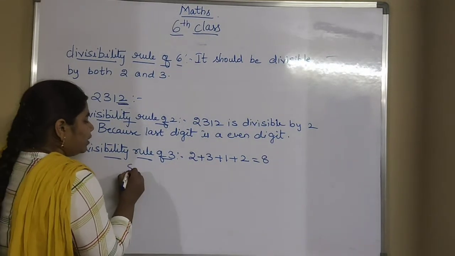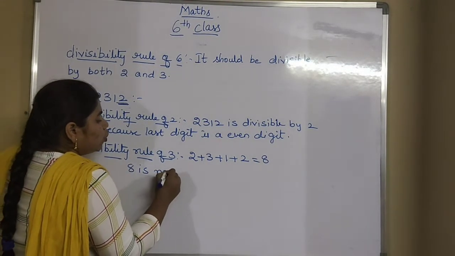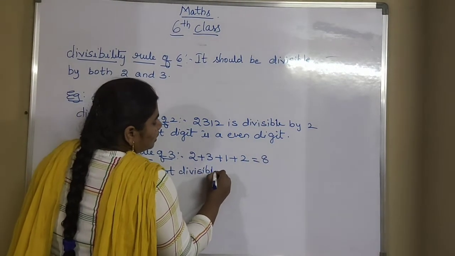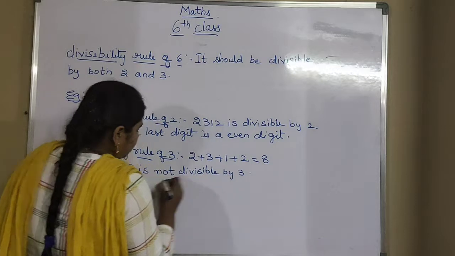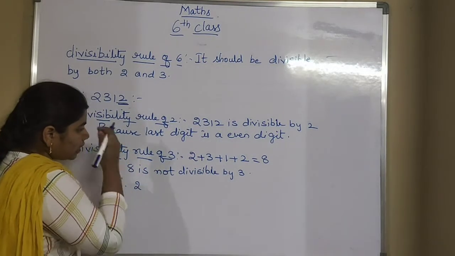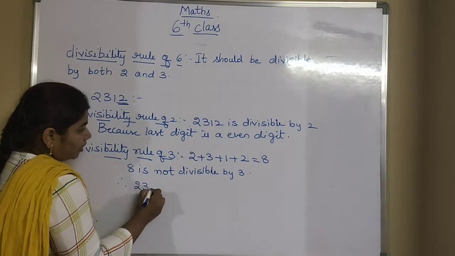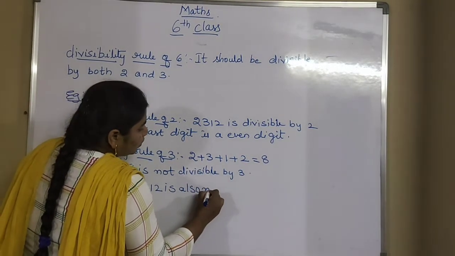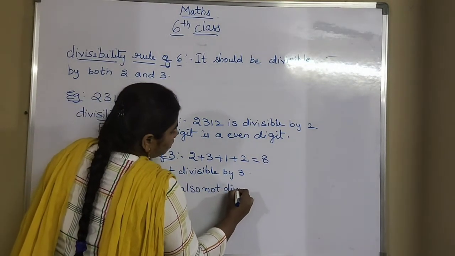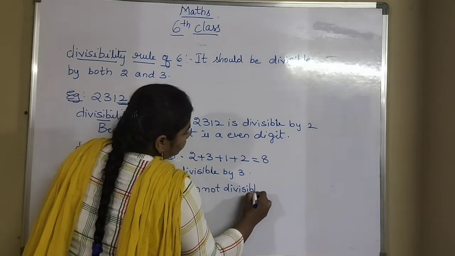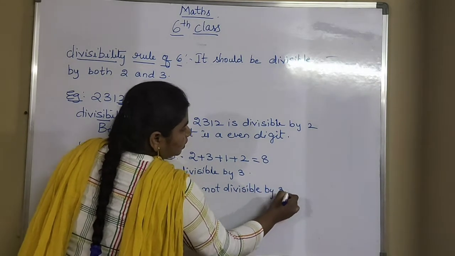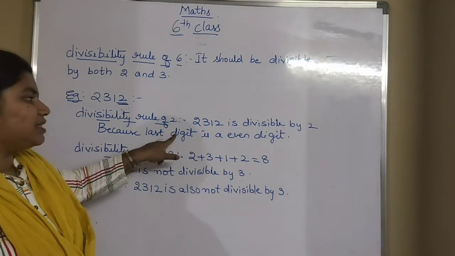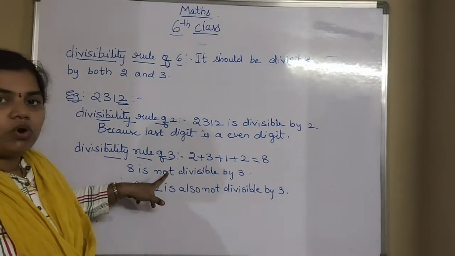So we can write here 8 is not divisible by 3. So therefore 2312 is also not divisible by 3 here. That means here 2 is divisible. For divisibility of 2 it is satisfied, and for 3 it is not satisfied.